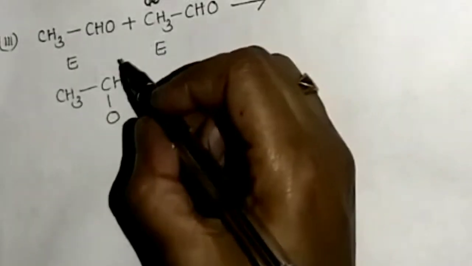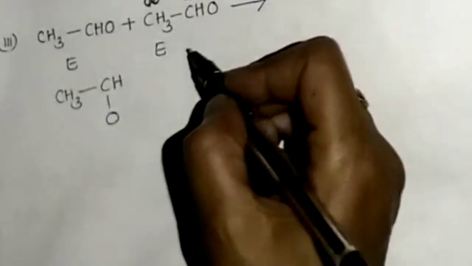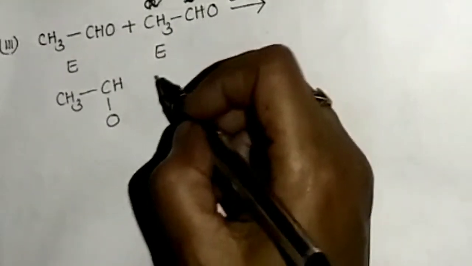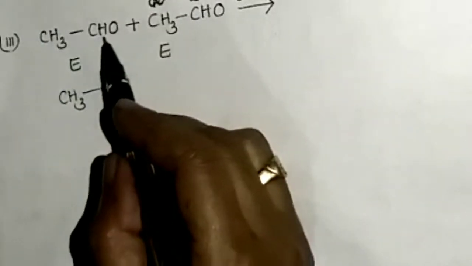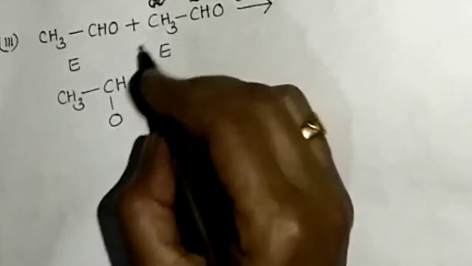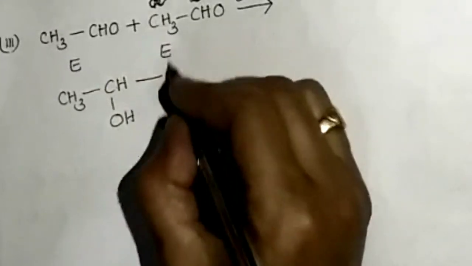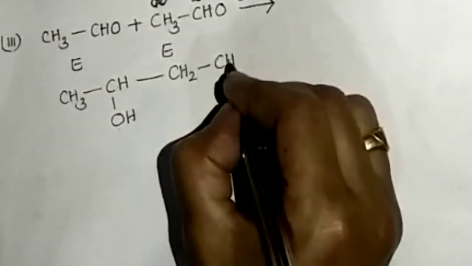Next possibility is ethanal plus ethanal. One ethanal molecule reacts with another ethanal molecule because it is a mixture. So, write the aldehyde CH3CHO. From this alpha carbon one hydrogen is given, then bond formation, remaining is CH2CHO.